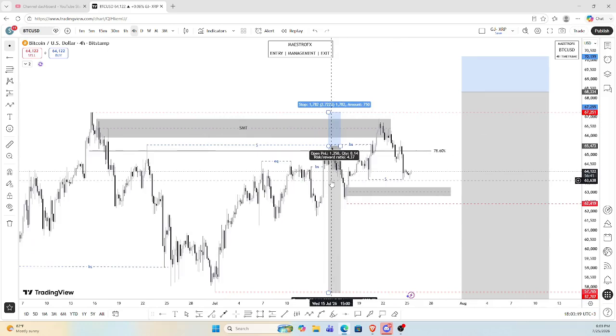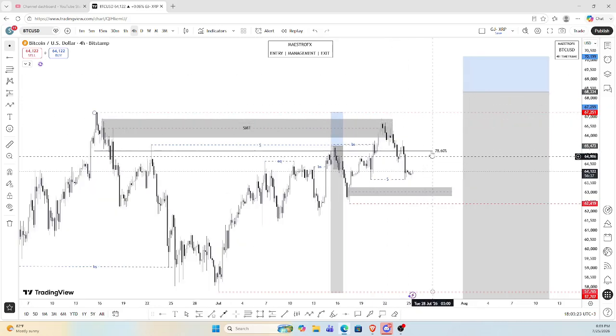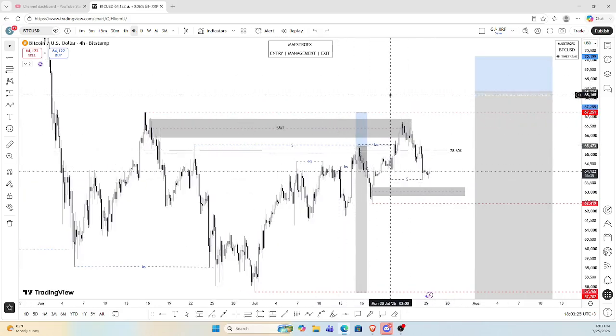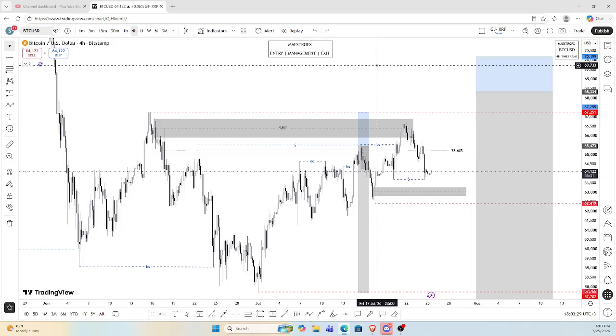Clearly, you can see that we have a fight here between bulls and bears. We have the daily time frame signaling bearish movement, and on the 4 hour we can see that it is signaling bullish movement.